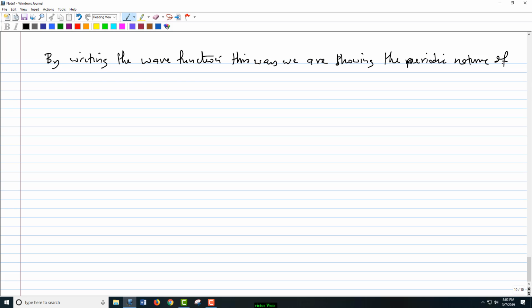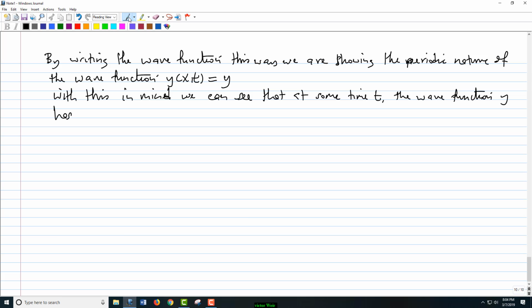So by writing the wave function this way, we are showing the periodic nature of the wave function. So let's write the wave function y(x, t) as y now, so that we don't have to keep writing y(x, t) all the time.